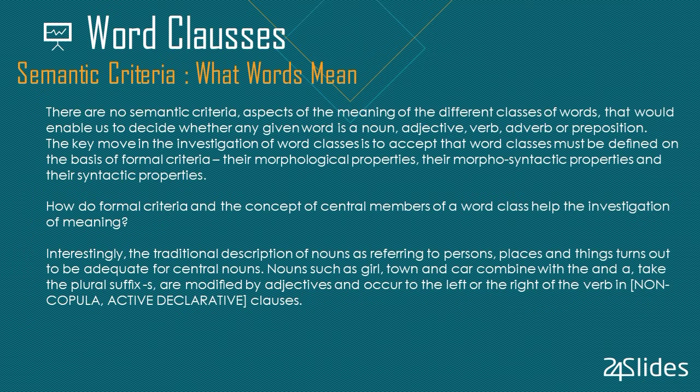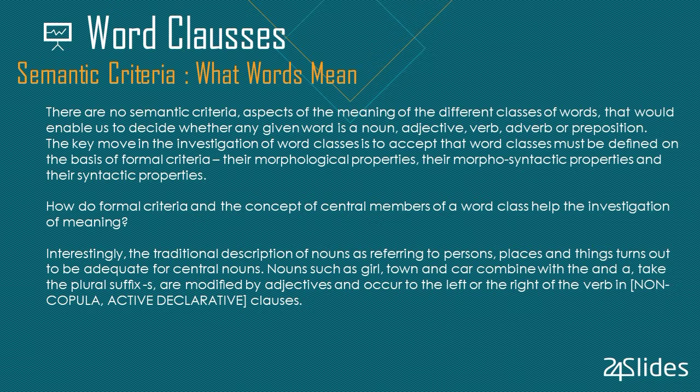The next topic, semantic criteria. What do they mean? There are no semantic criteria, aspects of the meaning of the different classes of words, that would enable us to decide whether any given word is a noun, adjective, verb, adverb, or preposition. The key move in the investigation of word classes is to accept that word classes must be defined on the basis of formal criteria: their morphological properties, their morphosyntactic properties, and their syntactic properties.